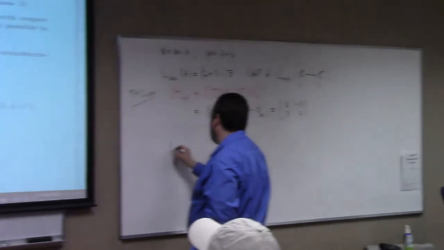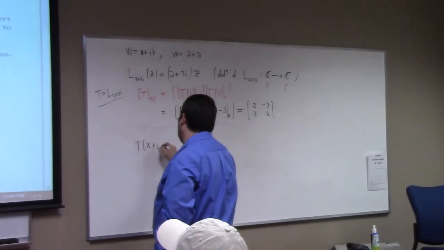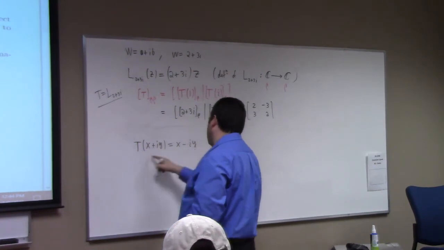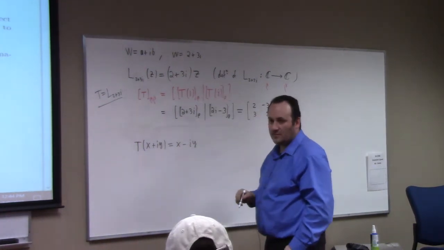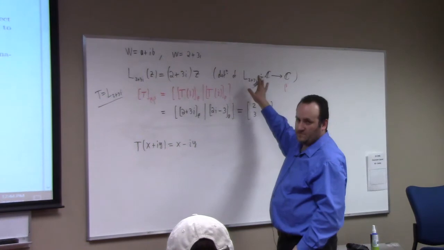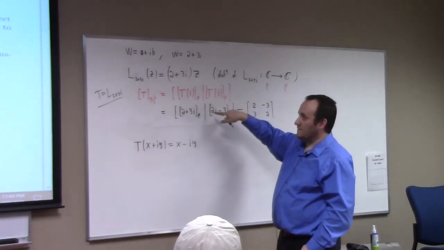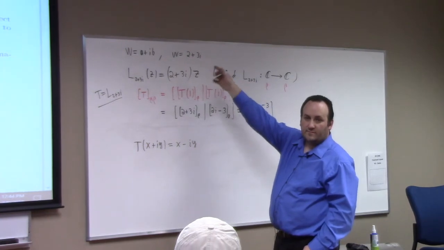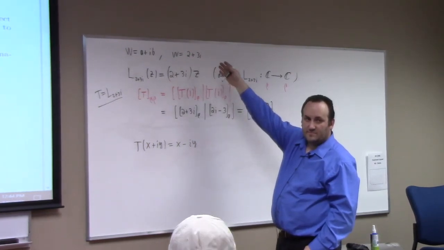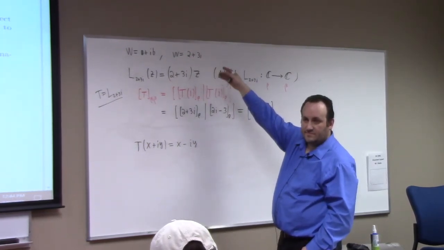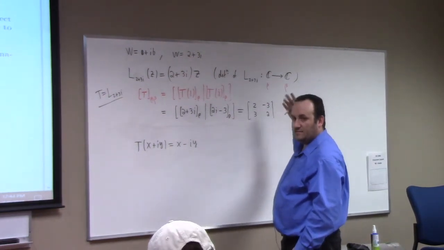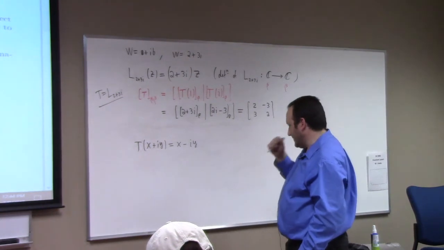If we define T of x plus iy to be x minus iy, what's the matrix of this? By the way, I'm just giving you an example. You need to do this not for 2 plus 3i, but for a plus ib. What's going to happen? You'll get a, b, minus b, a, right?